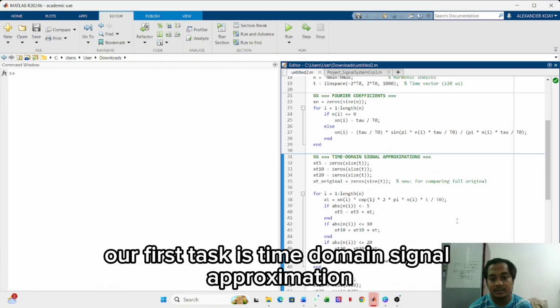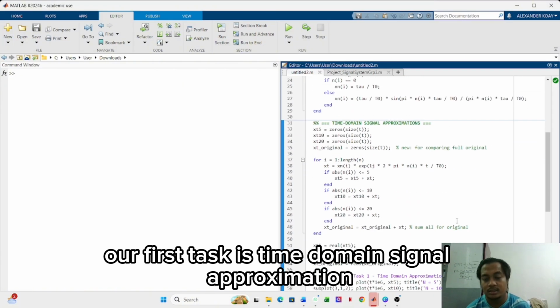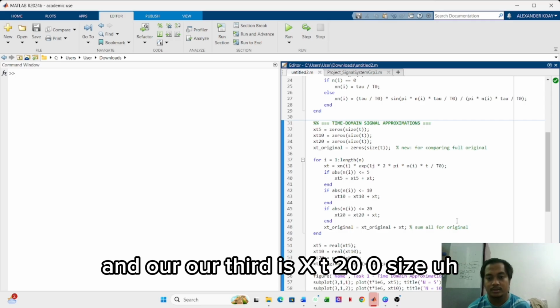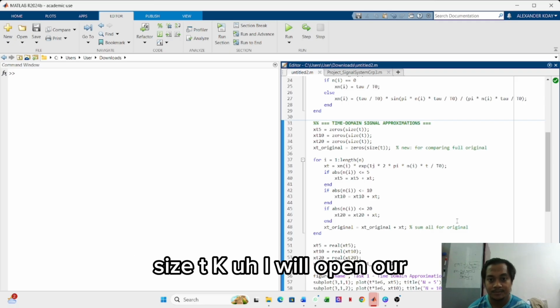For our first task, time domain signal approximation, we compute x5 of t, x10 of t, and x20 of t.